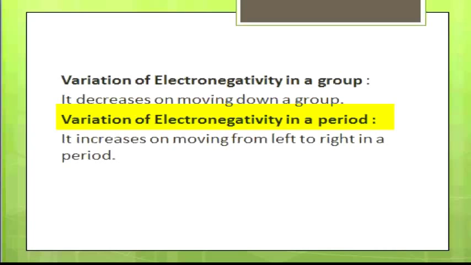Electron affinity has a unit, but electronegativity is a number and does not have a unit. Electron affinity is an absolute value, but electronegativity is a relative value. These are the basic differences between electron affinity and electronegativity.